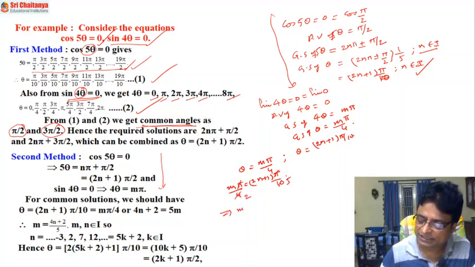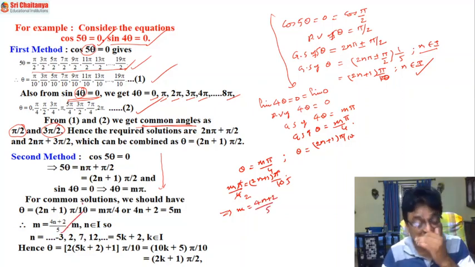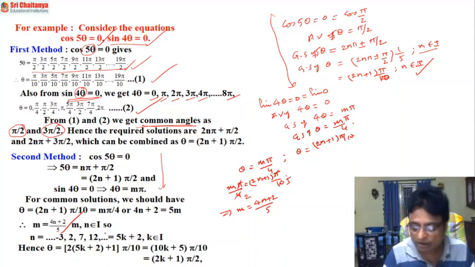After simplification, this is m is equal to 4n plus 2 divided by 5. The same thing that we have written here. What are m and n? m and n are integers. So my question is, now tell what values of integer n, m becomes an integer.